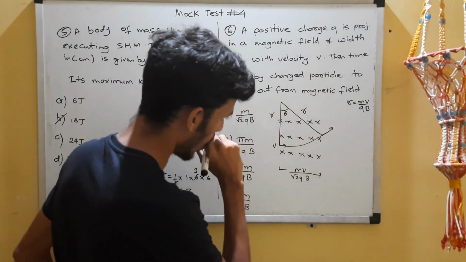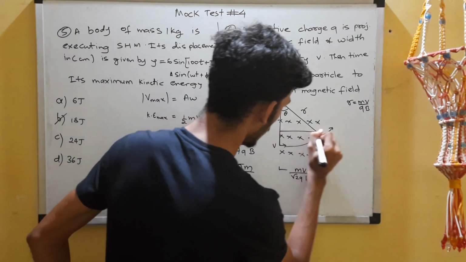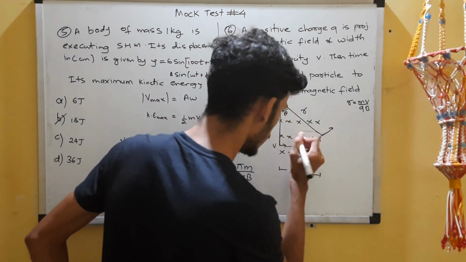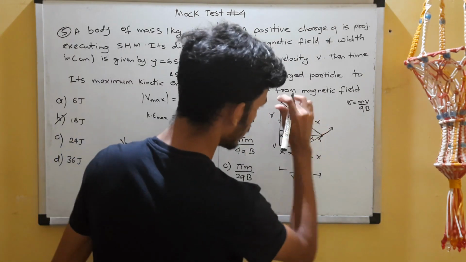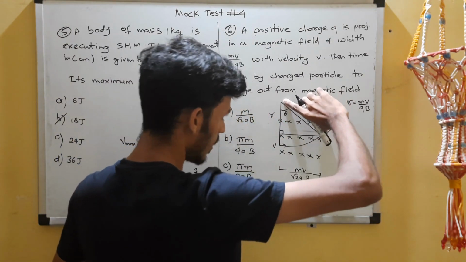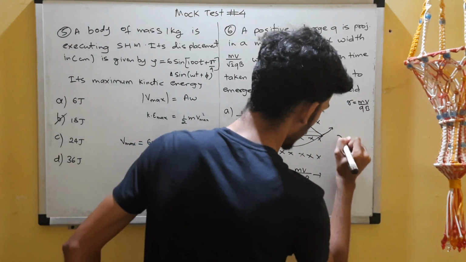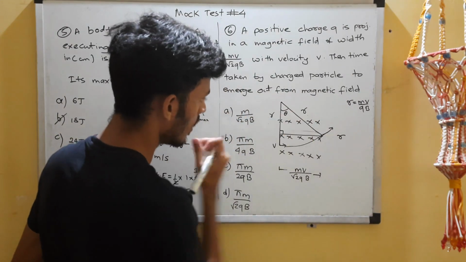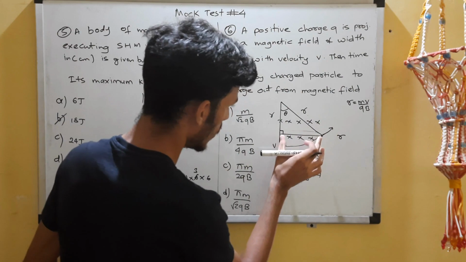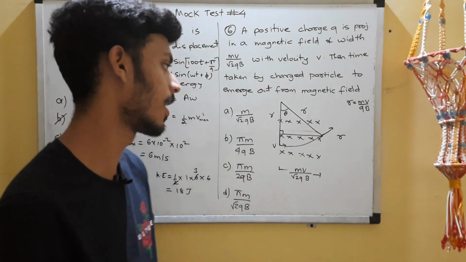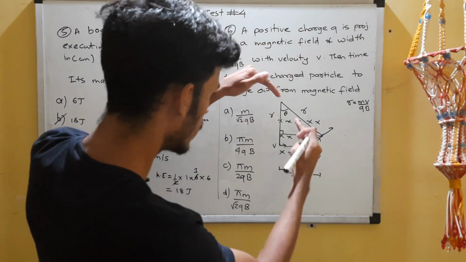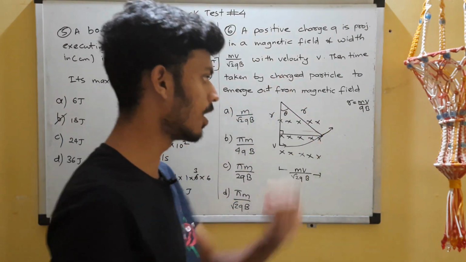Let's find theta now. How can we find theta? I'll drop a perpendicular from here, at this point. You can see that this distance is nothing but r. This distance we know is the width. So we can write sine theta, because we know the opposite side and the hypotenuse.